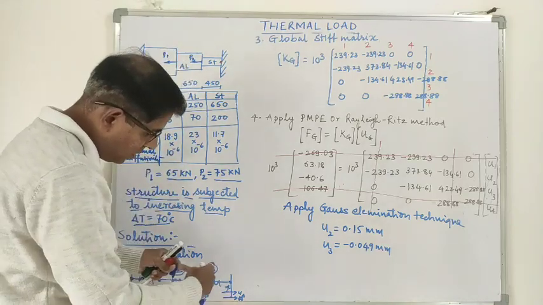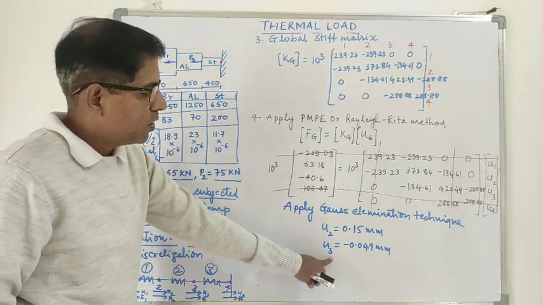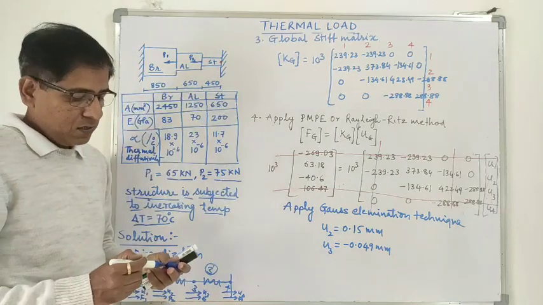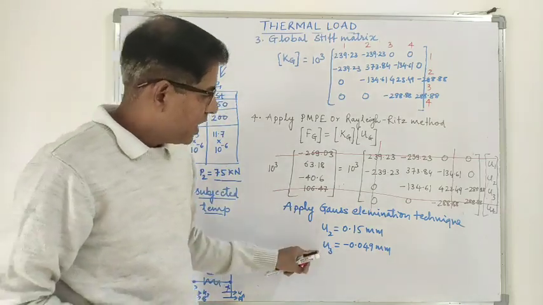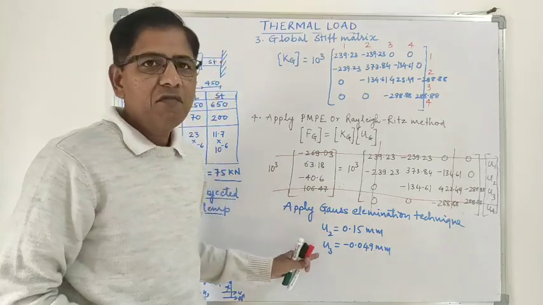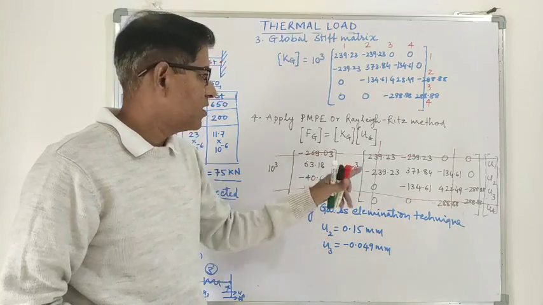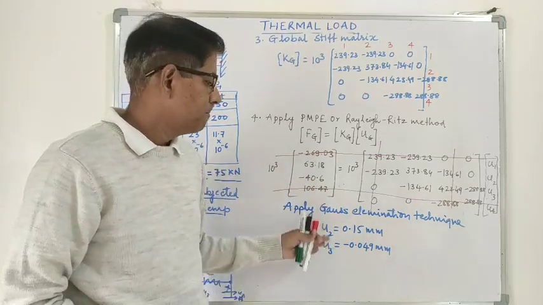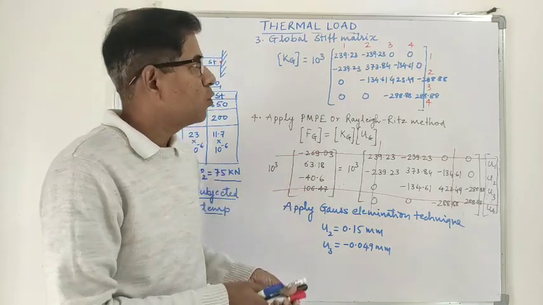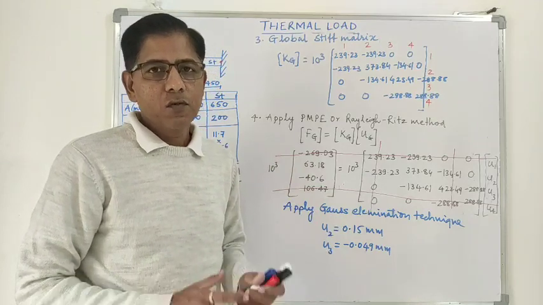Node 2 is moving against the application of load, whereas node number 3 is moving along with the external load. Now we are ready with the nodal displacements. Then you can easily find out the stresses in each element and the reaction at the support. The rest of the process is very similar. So hope you understand how to solve this thermal load problem. Thank you very much.